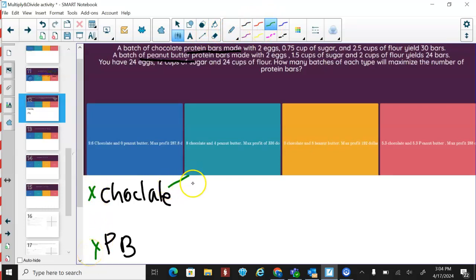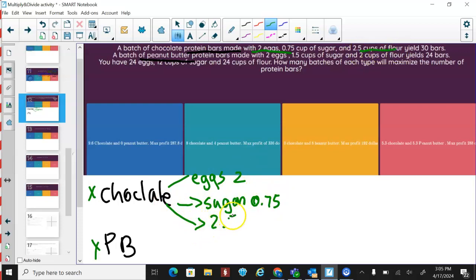So we got eggs, 2. For the chocolate, we got sugar, 0.75, and we got flour, 2.5. Oh, let me write flour first.